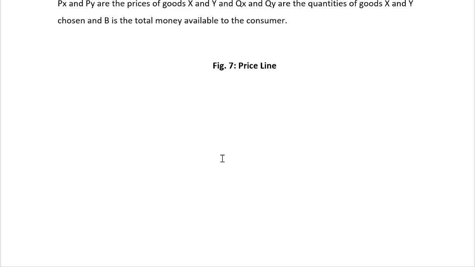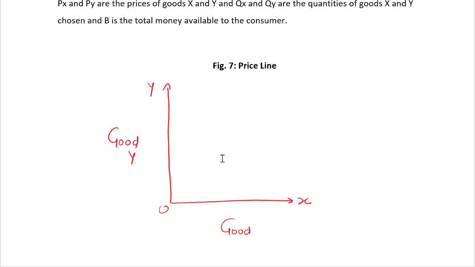Let me draw the price line for you. X, origin, Y. On the y-axis we are showing good Y. On the x-axis we are showing good X. This is your budget line, or price line.